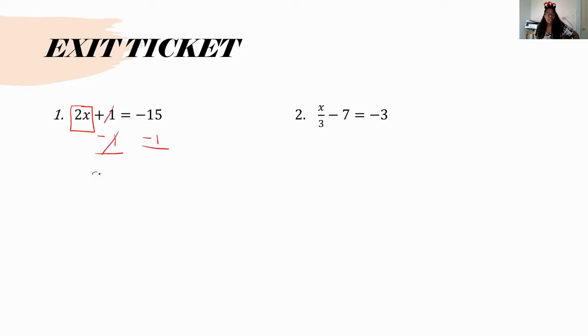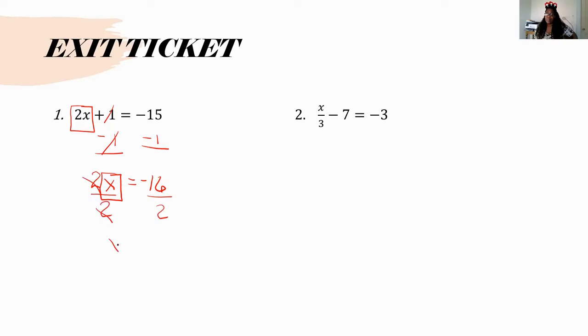So I bring down my 2x. The plus 1 and the minus 1 cancel out and give me 0, but 0 is a placeholder and I don't really need it right now. Negative 15 minus 1 gives me negative 16. Now I want to get x by itself. We were multiplying, someone messed up, now we have to divide them out. So we divide both sides by 2.